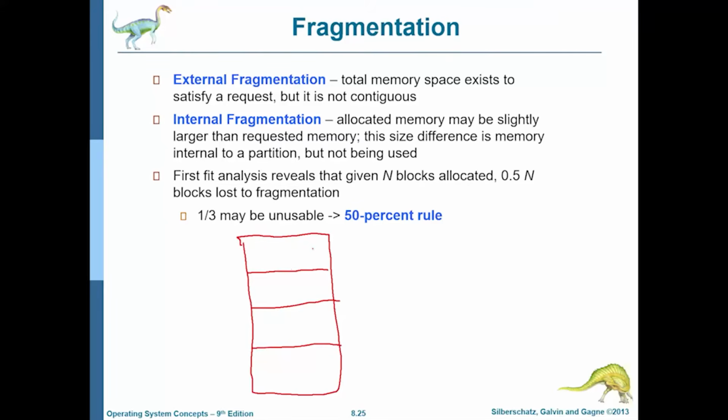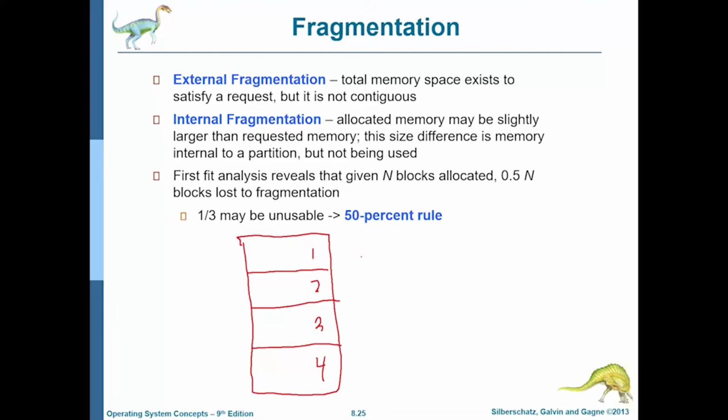So we have 1, 2, 3, 4. So we have 4 partitions, each of similar size, or almost similar size. Pardon my drawing, but just assume that all of these partitions are of the same size.